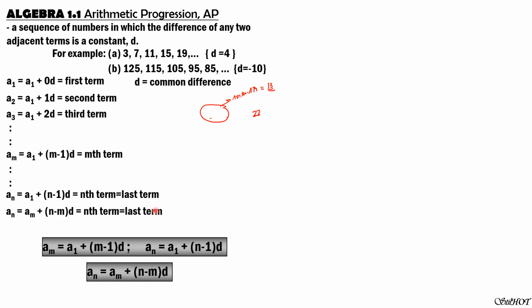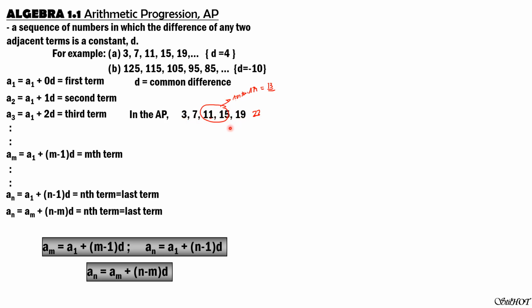So in the arithmetic progression 3, 7, 11, 15, 19, and so on and so forth, we call 11 the arithmetic mean. So the center element is the arithmetic mean because there are 5 terms: 3, 7, 11, 15, and 19.